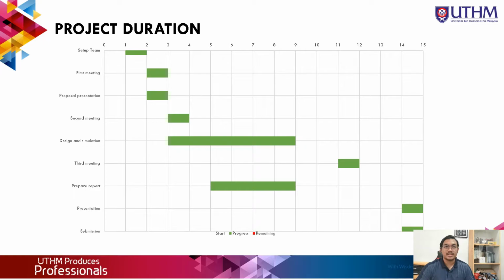Also during the third week, we started with the design and simulation of the shell chair. The person in charge of design and simulation is Amir. The design and simulation took 6 weeks and started in the third week. Next is the third meeting.